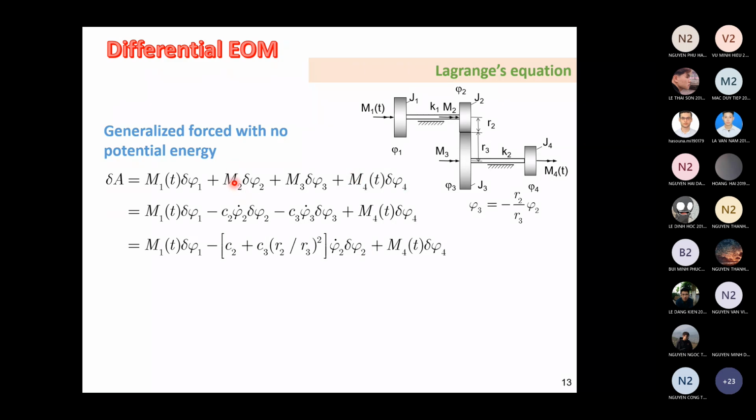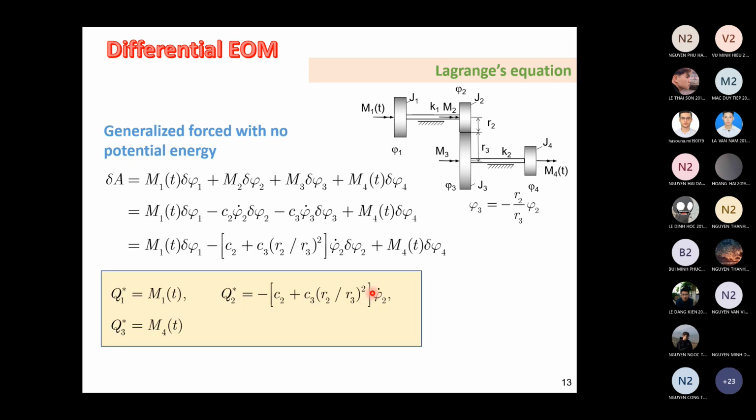M2 and M3 can be calculated by C2 multiplied with the angular velocities omega-2 and omega-3, which are phi2 dot and phi3 dot. And phi3 can be calculated through phi2, so we can change into this formula. So you will have the generalized force for each coordinate as in this table.